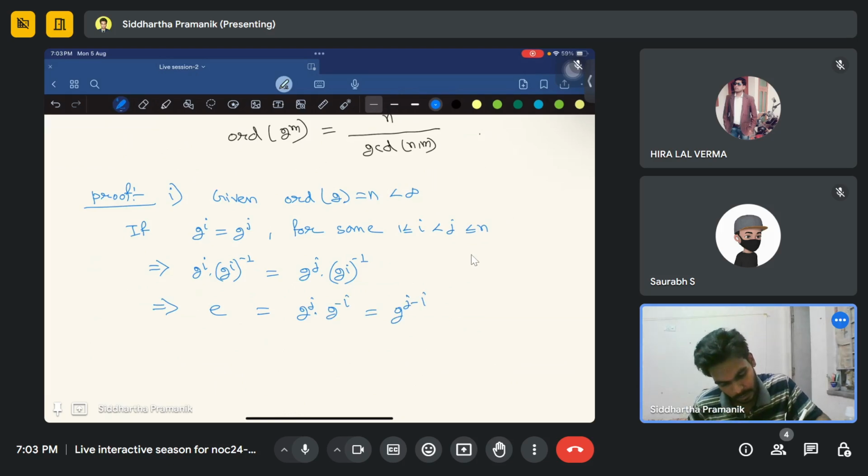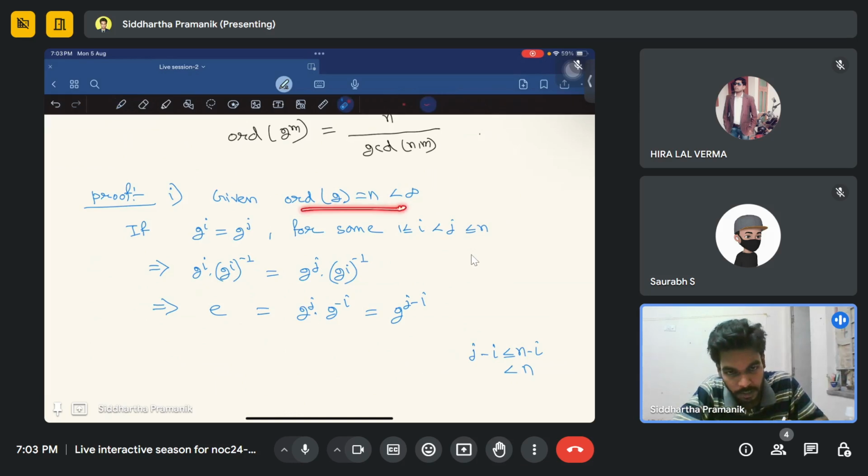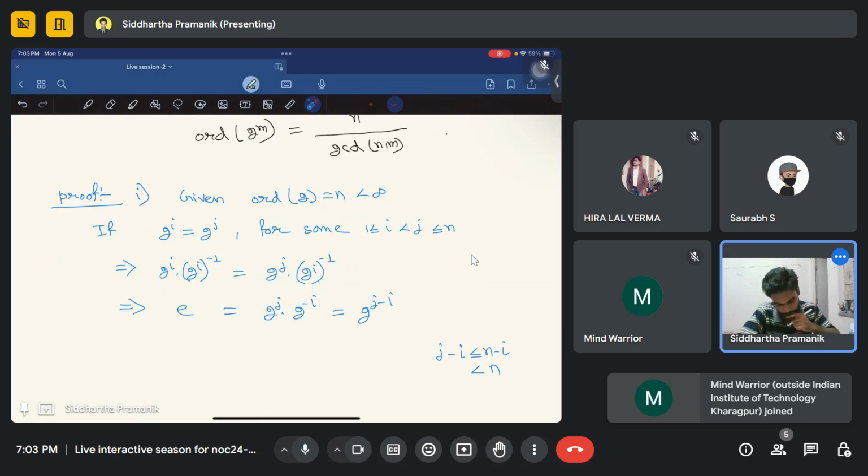Now you can see i less than j less than or equal to n. So if we subtract i here, j minus i is less than or equal to n minus i, and it is strictly less than n. But order of g is n. So n is the smallest positive integer such that g power n equals identity.